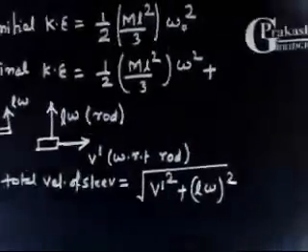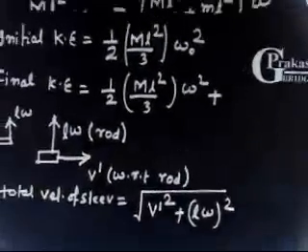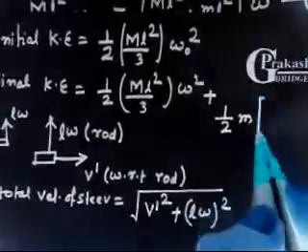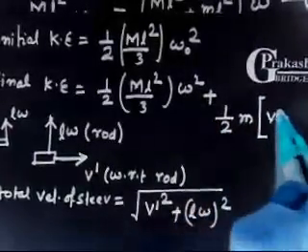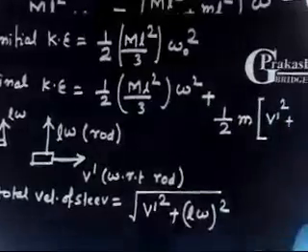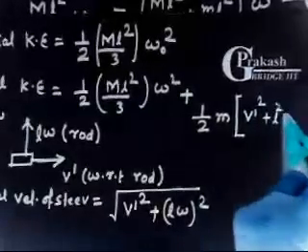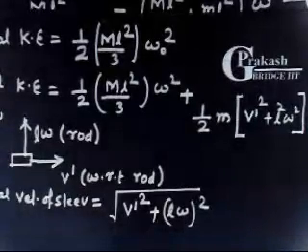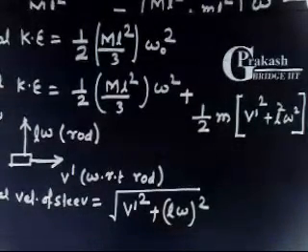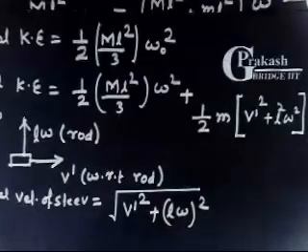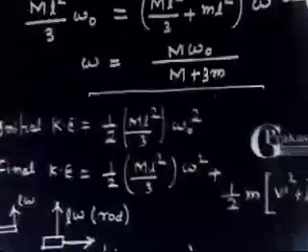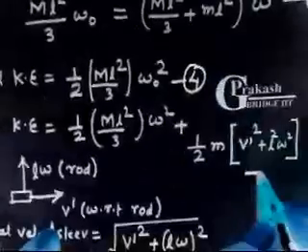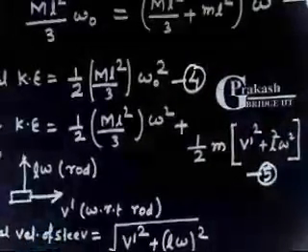Are you getting? I need total kinetic energy. So let us plug the value in total kinetic energy. So half m V square I will have. V square is simply V dash square plus L square omega square. Are you getting? I think all of you are able to see this one. Now let us call this equation 4, the top equation, and let us call this equation 5. So I have to equate 4 and 5.